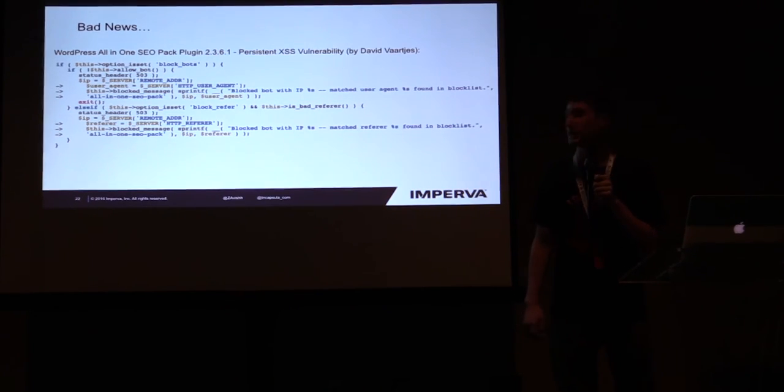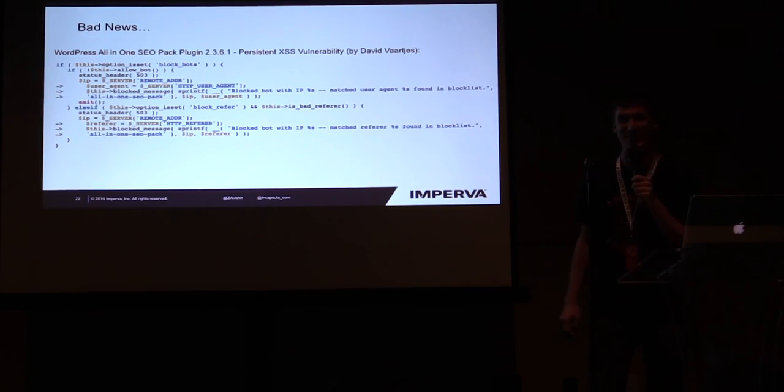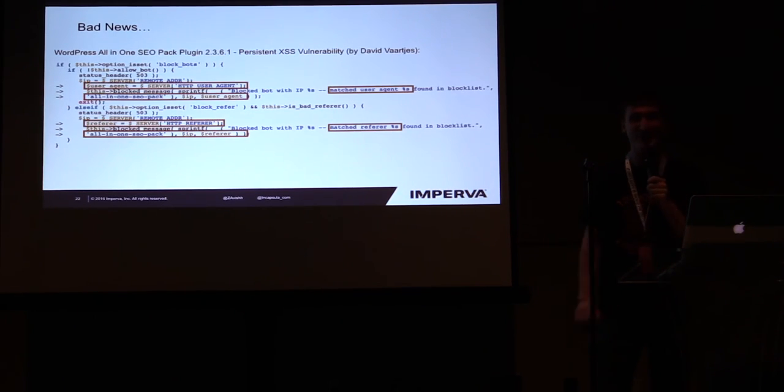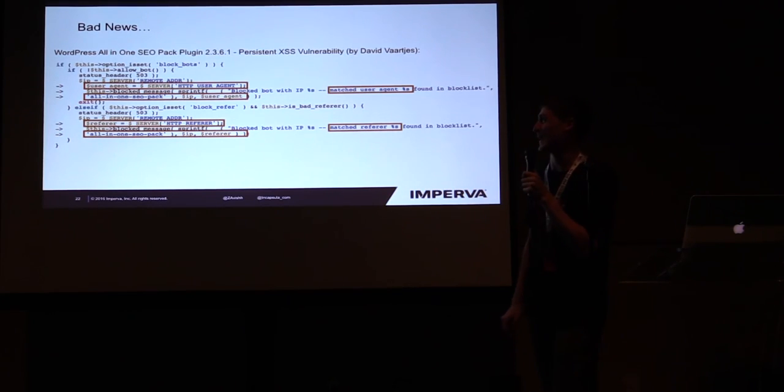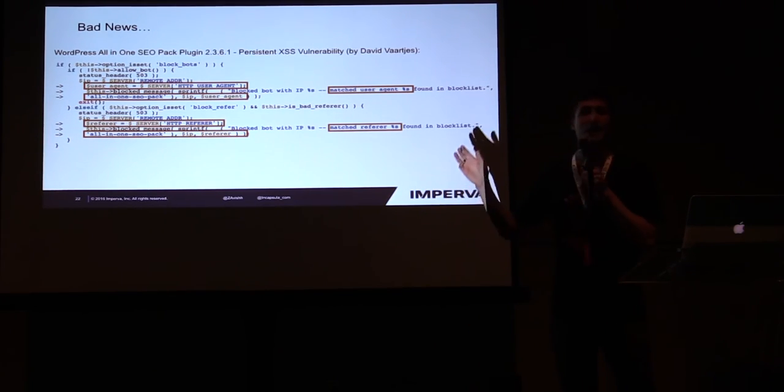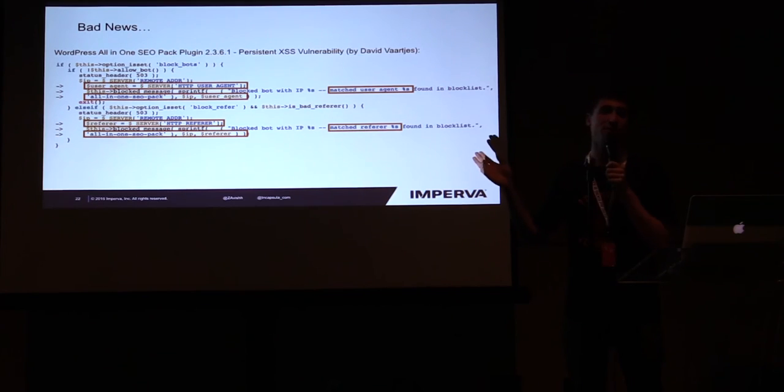Does anyone see what's problematic with this code? I know it's a bit hard. Okay, and now? Here we have the HTTP user agent and referrer that are reflected directly to an admin panel. Jackpot.